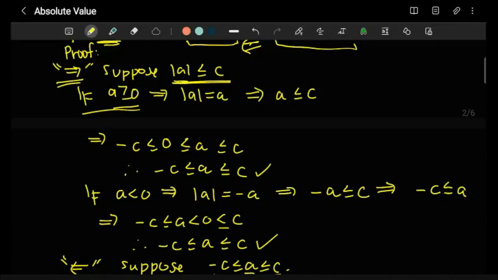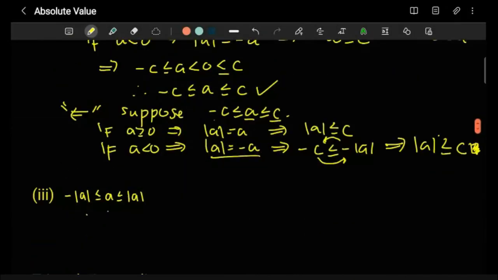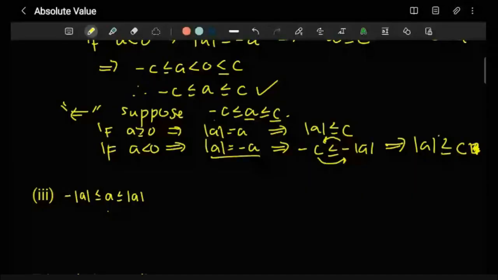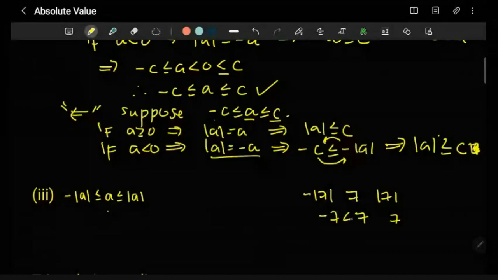In another property, the negative absolute value of A and the absolute value of A is always in between A. For example, let me illustrate. Take 7. The absolute value of 7 is 7. The negative absolute value of 7 is negative 7. So this is 7, this is 7, this is negative 7. So the inequality is true.